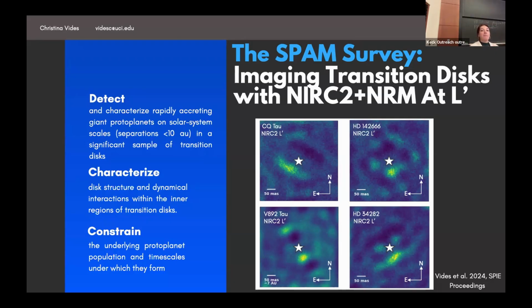So here I'm showing a few disk detections from the survey. I'm going to first talk about how we've characterized disk structure in the HD 34282 and V892 Tau disks. And then I'll talk about the point source detection. And lastly, I will end with constraints on the timescales of planet formation.